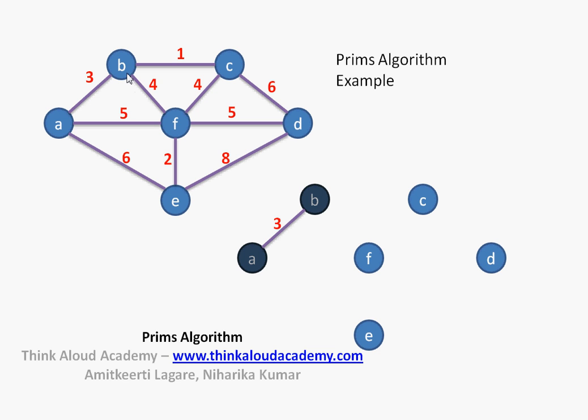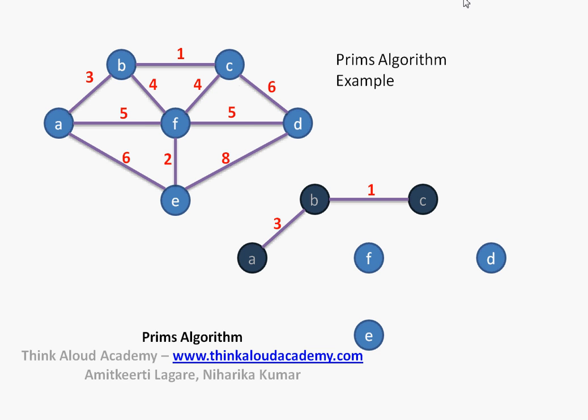Now since B has also joined the bandwagon, I have two more new edges, that is B to C, which is 1, and B to F, which is 4. So I need to choose between 1, 4, 5 and 6, and logically this 1, which is the connection between B to C, is the smallest. So I will choose 1 from B to C, and C gets added into our kitty.